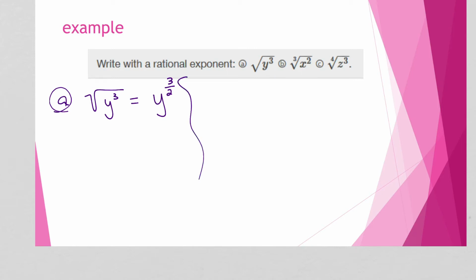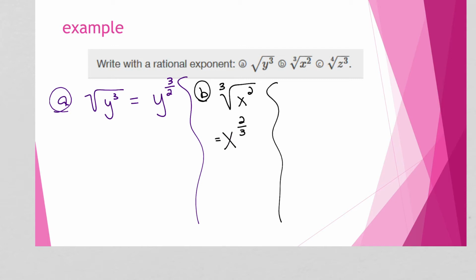All right, let's look at B. So we've got the cube root of x squared. That can be written as x to the 2 over 3. All right, let's look at C. The fourth root of z cubed can be written as z to the 3 over 4 power.